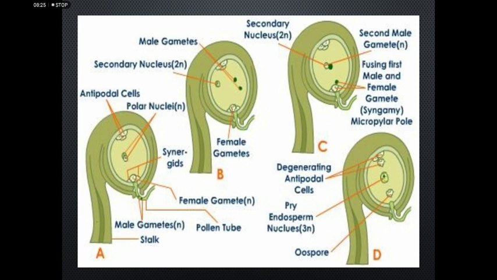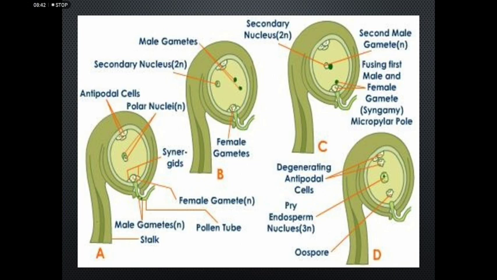Here you can see antipodal cells, three in number, and polar nuclei, 2n condition, not n condition, then two synergids and the female gamete, that is egg.